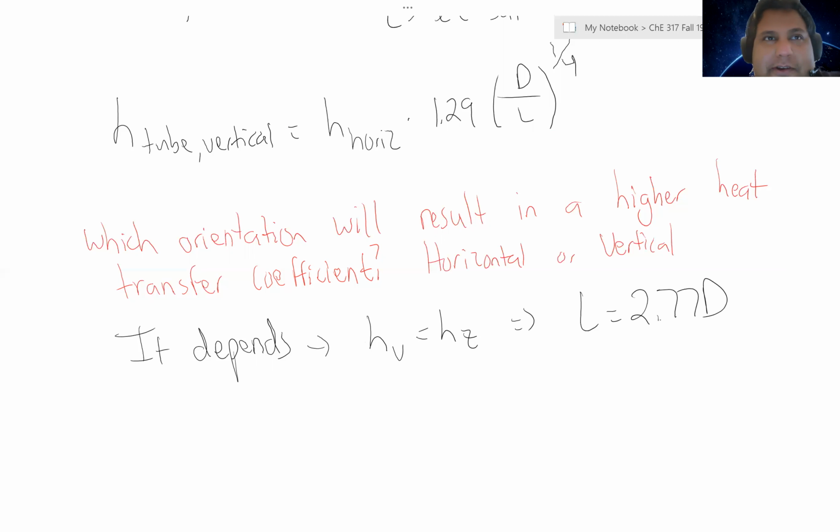If you have a really short tube, then you'd have a better system in a vertical orientation. But in general, horizontal is desired. That's why most shell and tube heat exchangers have tubes horizontally, especially when you have a phase change.